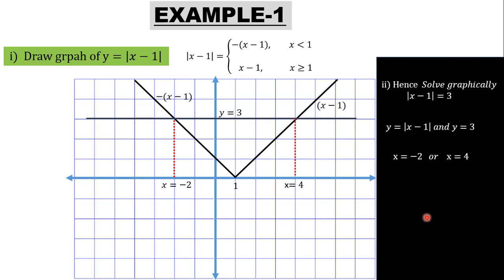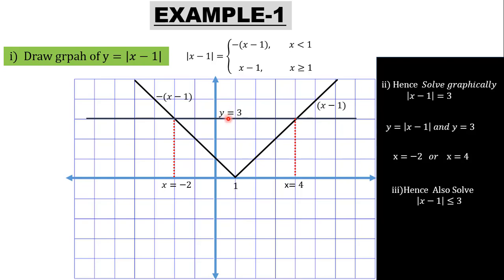If instead of equality I introduce an inequality and write the question like this: solve the modulus of x minus 1, but this time replace the equality with an inequality, where the modulus of x minus 1 is less than or equal to 3. Students, now in the graph you have to examine the graph of the modulus of x minus 1, which is this graph, where it is lying below your graph of y equals 3.